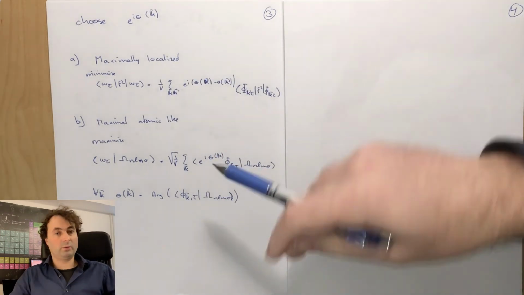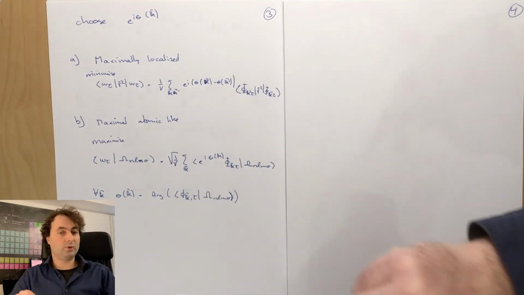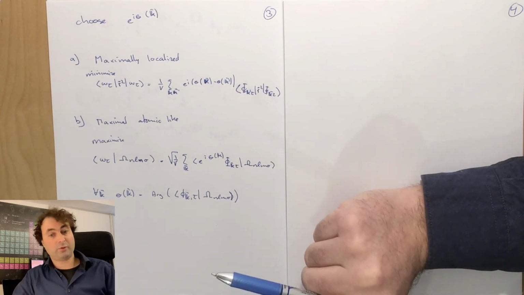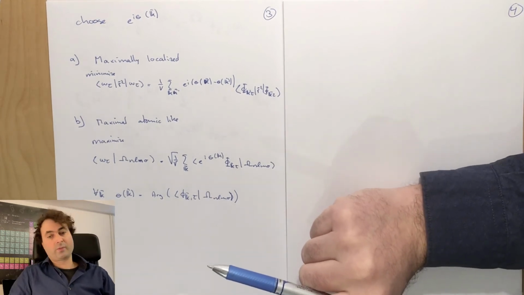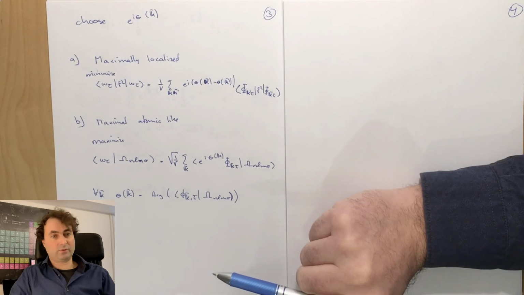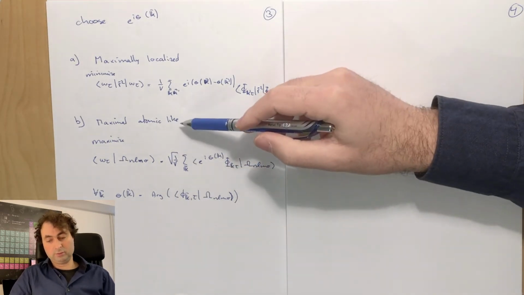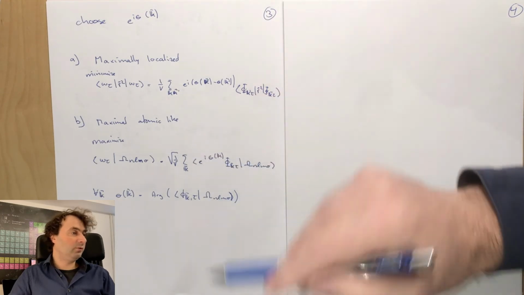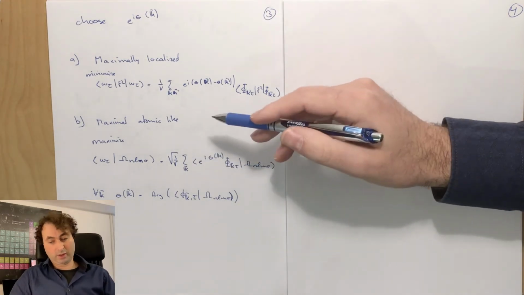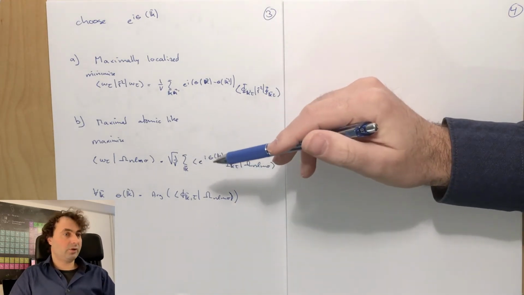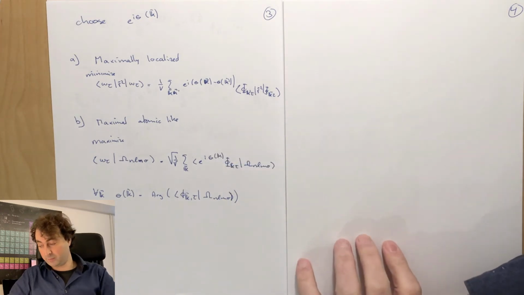When you do more than one band, you still have the freedom to linearly combine the wave functions of different bands, so that you don't have to look at a mixture of S and P, for example, for both bands, but you can make one S-like Wannier function and one P-like Wannier function.